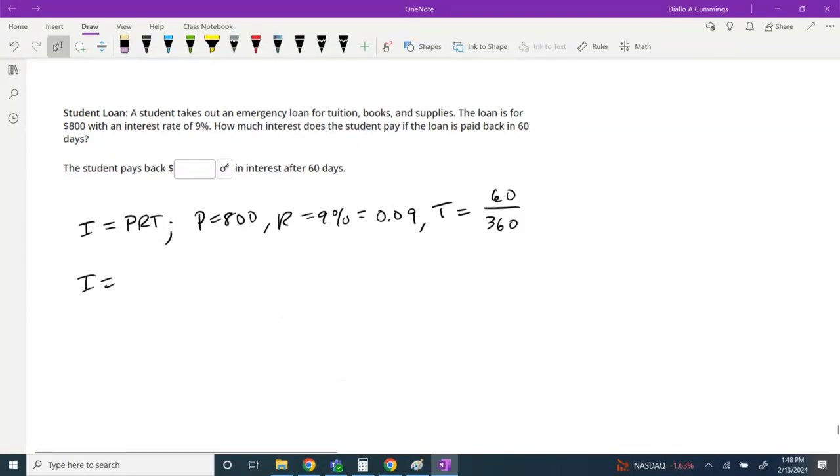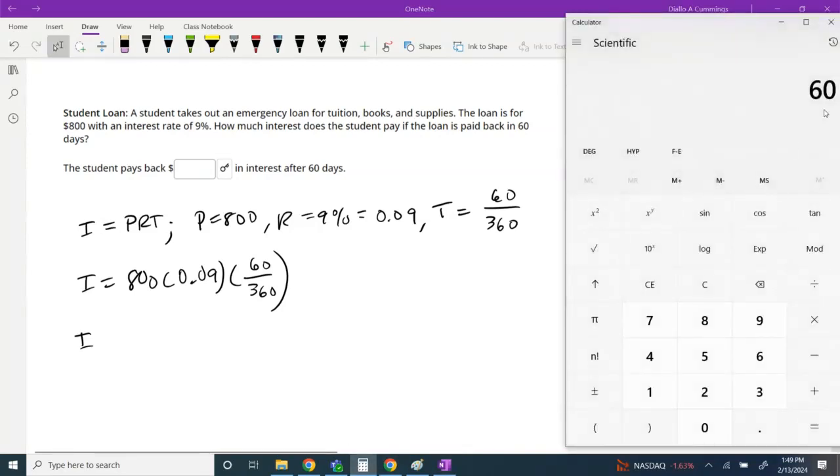So now we're just going to calculate the interest. So P is 800 times R, which is 0.09, times the time, which is 60 divided by 360. All right, so I'm going to put that in my calculator as 800 times 0.09 times 60 divided by 360.